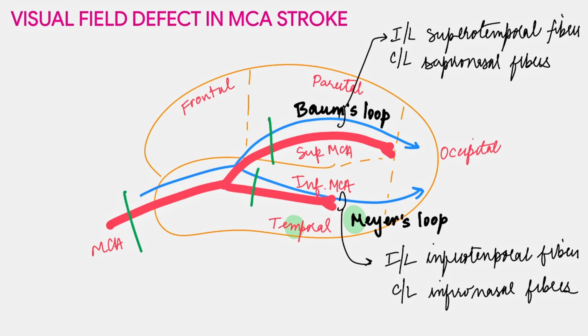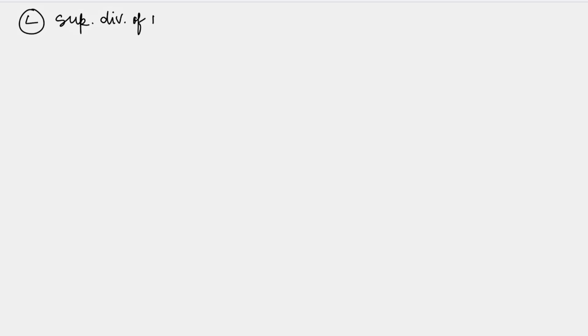Now, let's discuss further. Again, assuming a defect, the lesion is on the left side. Let's assume there is a left superior division of MCA lesion.